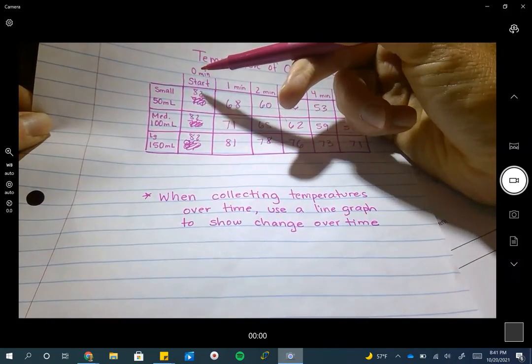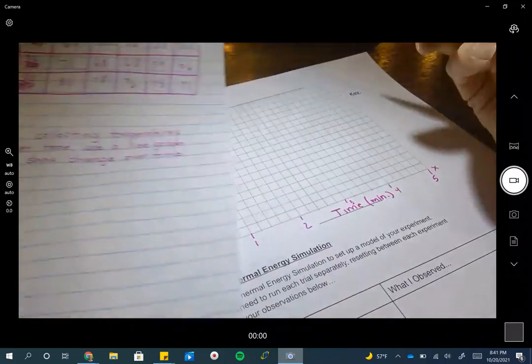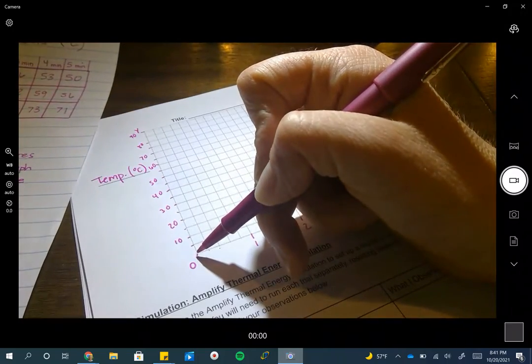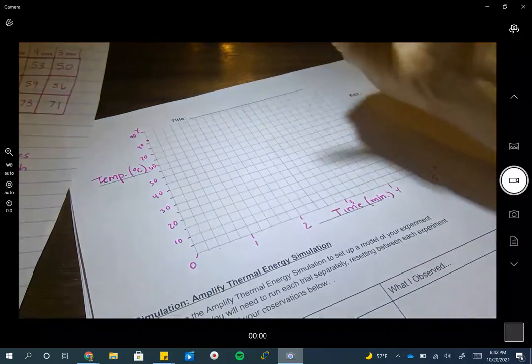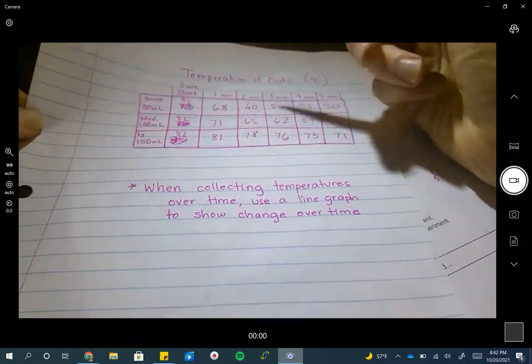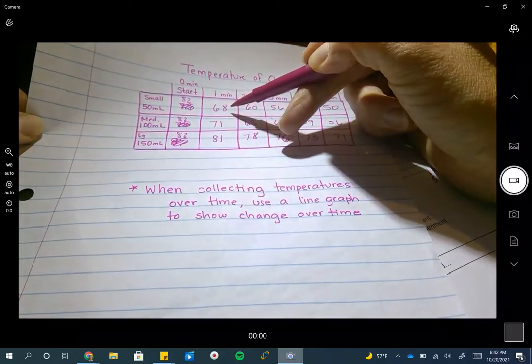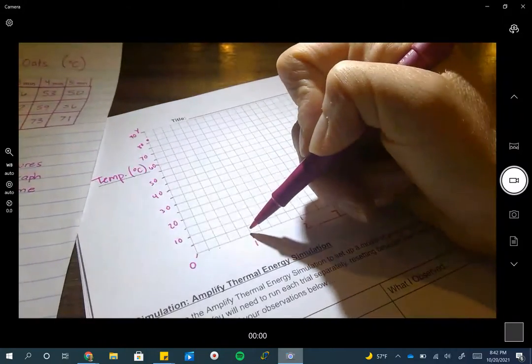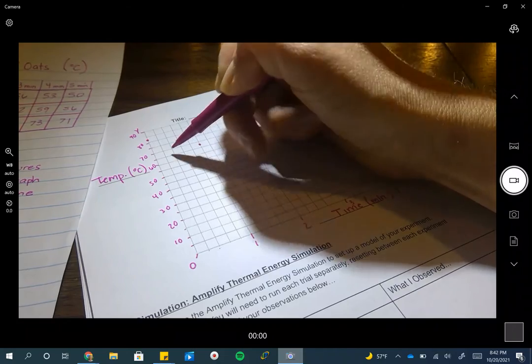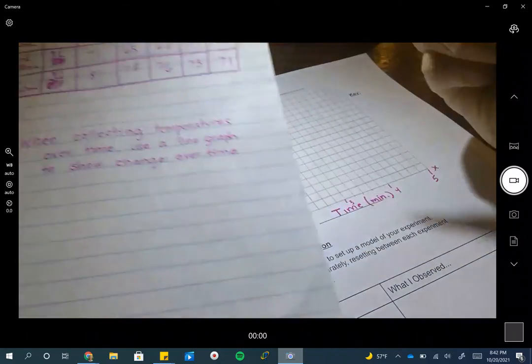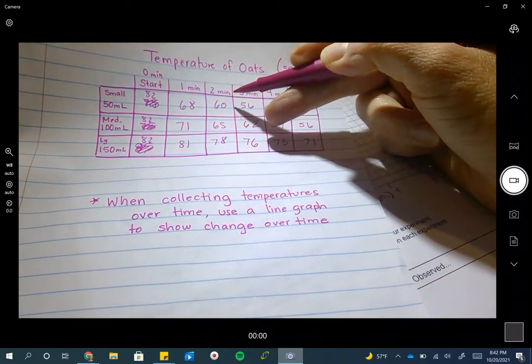So at 0 minutes, the small starting temperature was 82. So I go to the 0 and I go up to 82 and put a point. Then at 1 minute, the small temperature was 68. So at 1 minute, I put a point at 68 degrees. 2 minutes was 60.